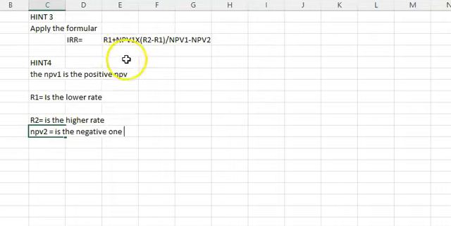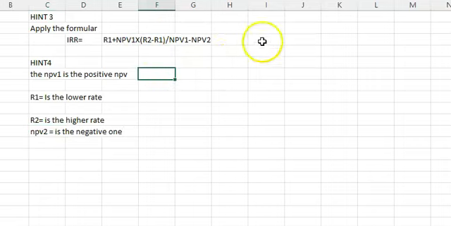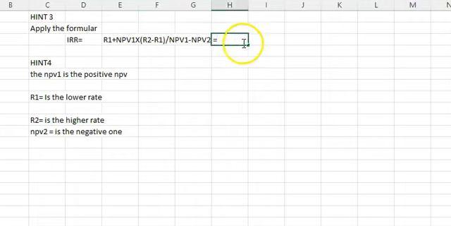So let's apply this formula. I'll apply it here. I'll say equals. What is our R1?